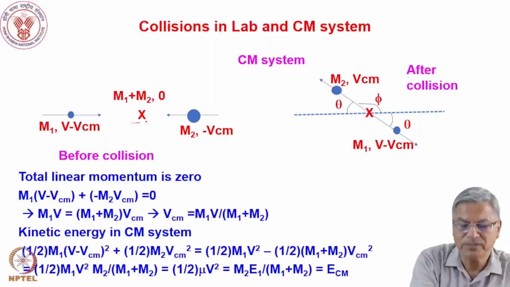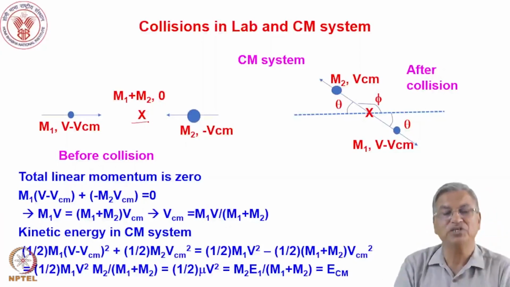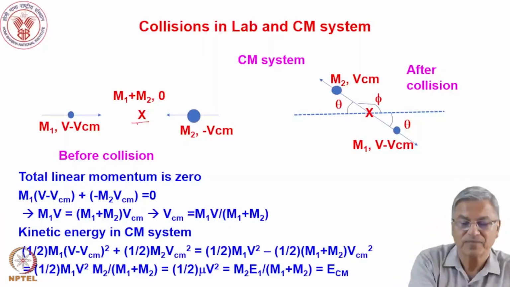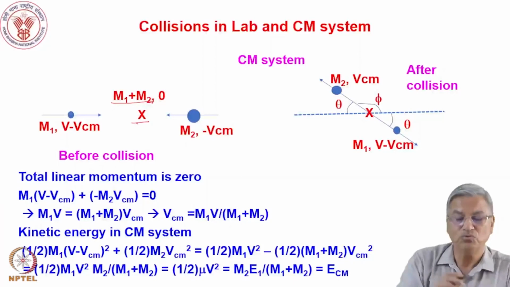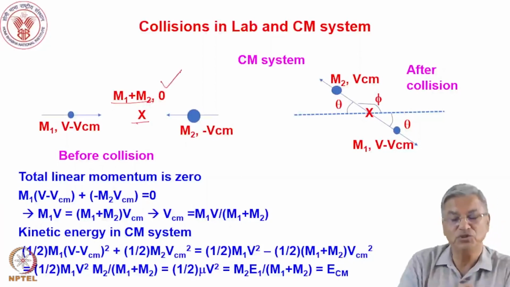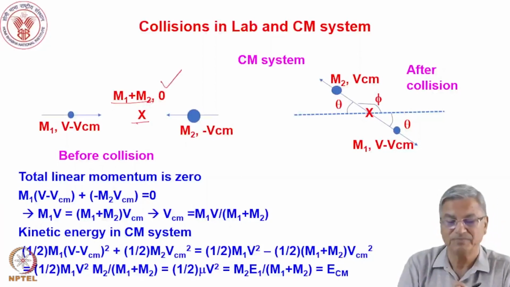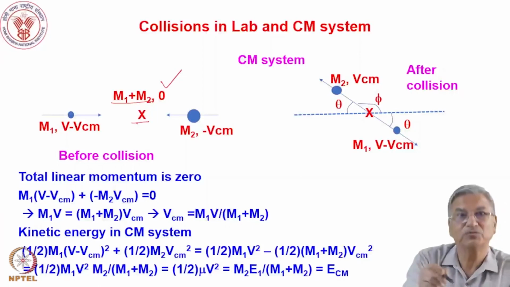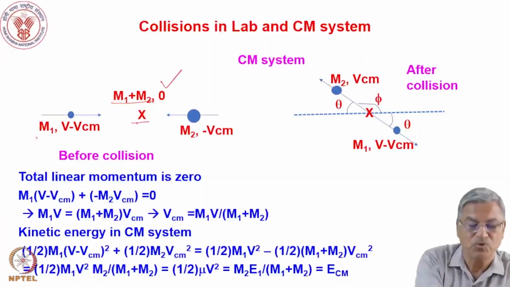In the center of mass system, the center of mass is stationary here with the mass m1 plus m2. The energy of center of mass is 0. So VCM is 0 here, that is, the velocity of center of mass in the center of mass system is 0.